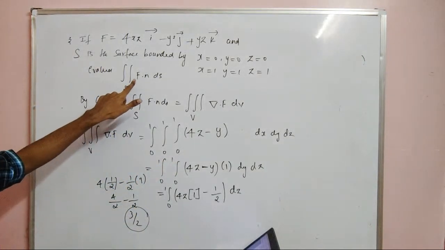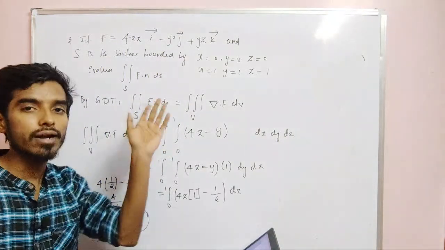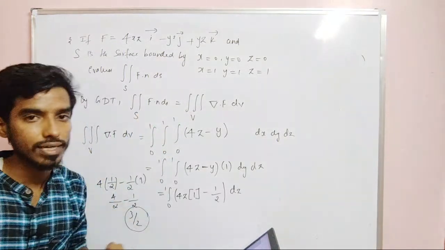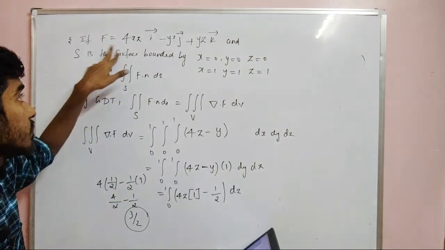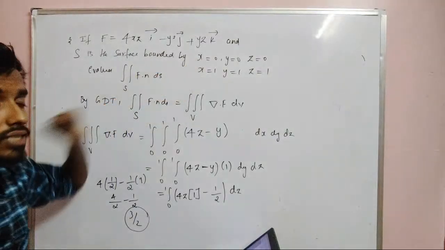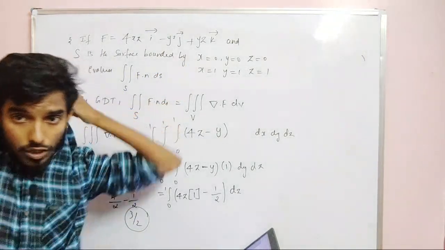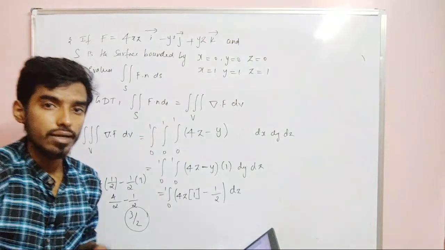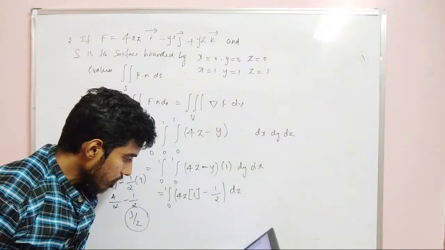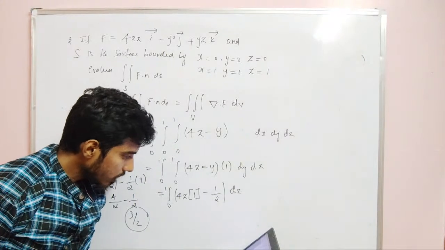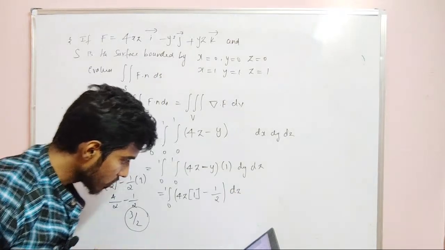Take this as an exercise: evaluate this by finding all 6 faces and adding them up, and you will get 3 by 2 as the answer. If they give the same f and the same bounds and ask us to verify the Gauss divergence theorem, you need to find the triple integral del dot f dv, and also the double integral over S f dot n ds. So I will give you one more problem for exercise.